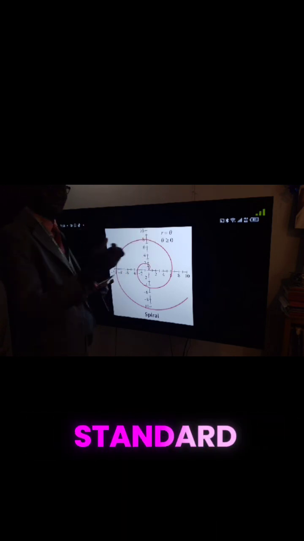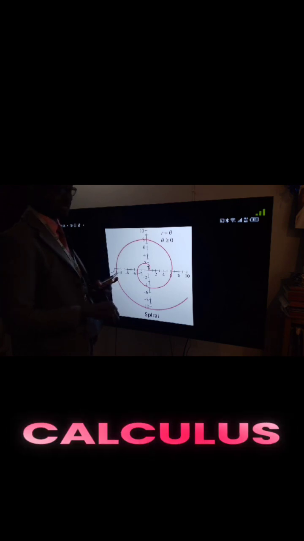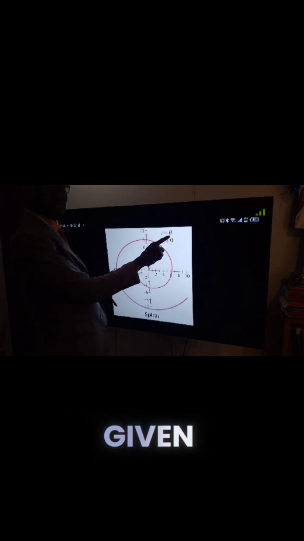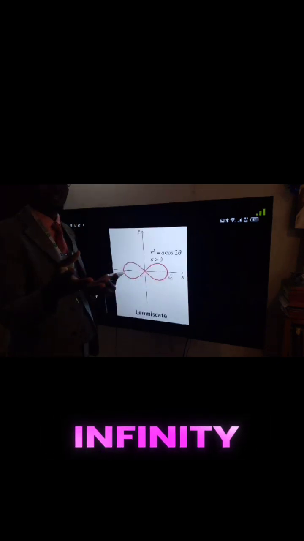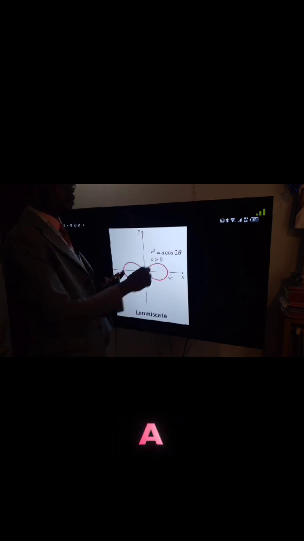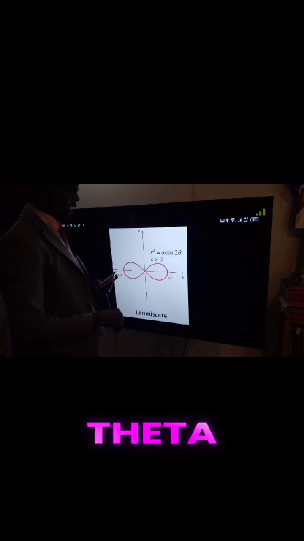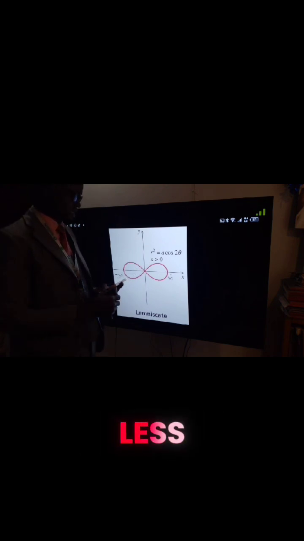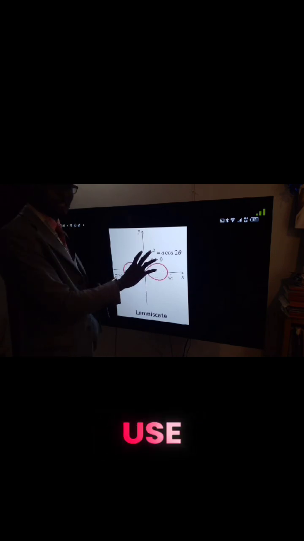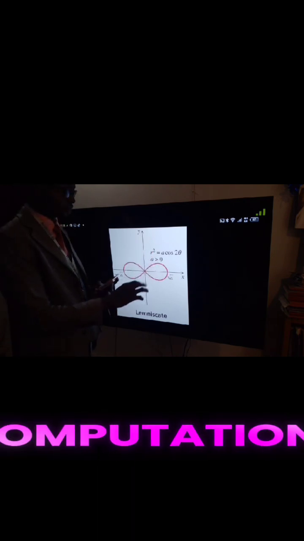It is a standard graph system that we use in calculus. The radius of this graph is given in terms of theta, where r squared is a squared cosine of 2 theta, and a must be greater than 0. We are going to explore more how we can use this graph in order to solve other computations.